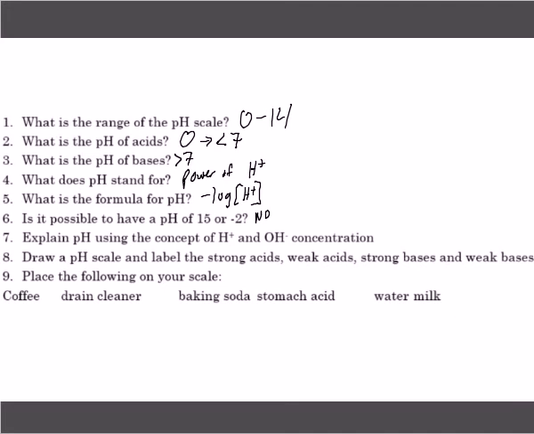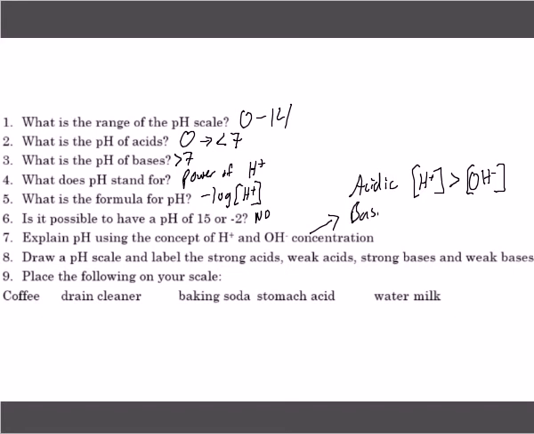So, using the concept of H plus and OH concentration, this is something I want you to make sure you have down. If something is acidic, your hydrogen ion concentration is greater than your hydroxide ion concentration. Again, brackets means concentration.